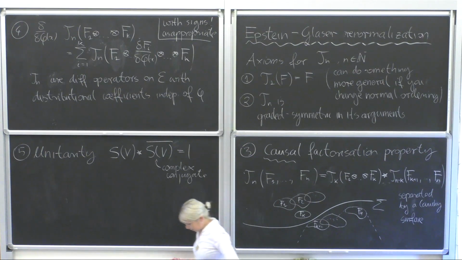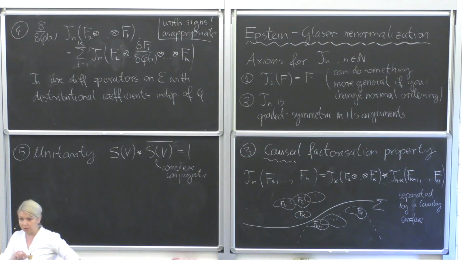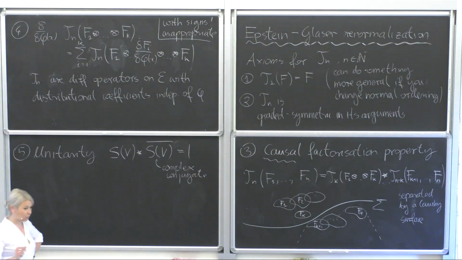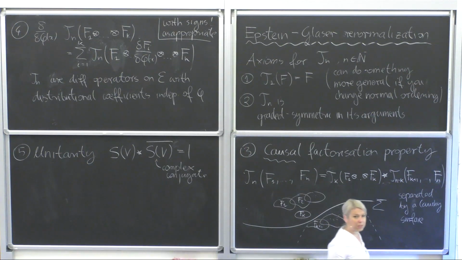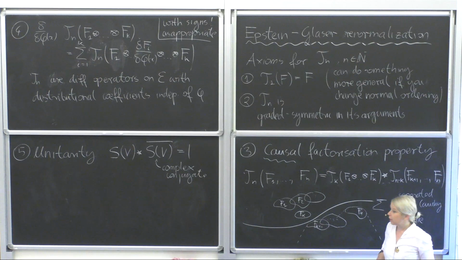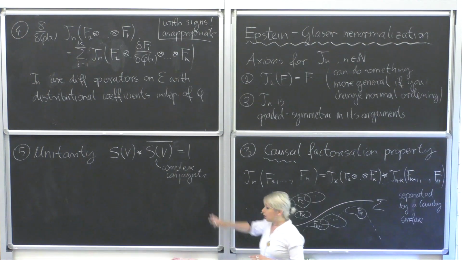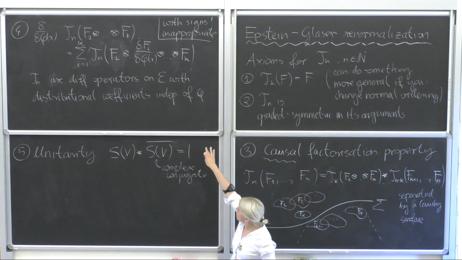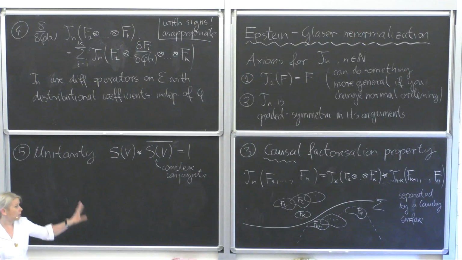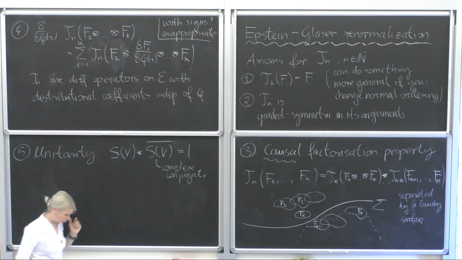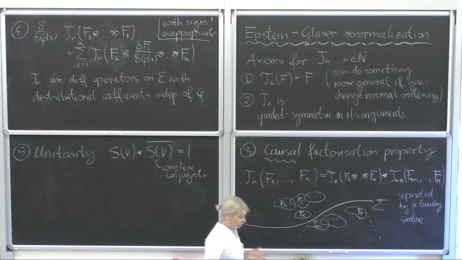Okay, so these are the axioms. You can throw in some more. Sometimes people do, because on curved spacetime you might want stronger properties, like some sort of analyticity of these coefficients and so on. But let's not do that. Let's just focus on the basic setup.